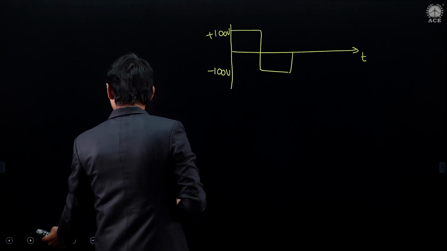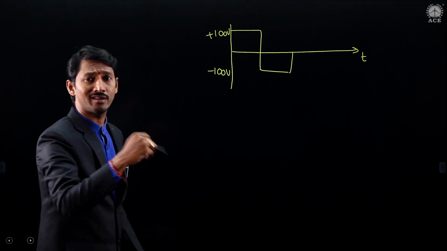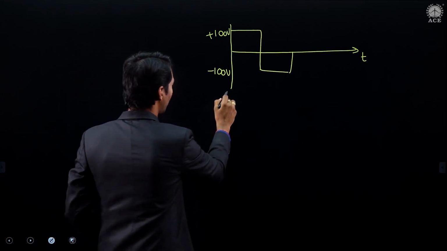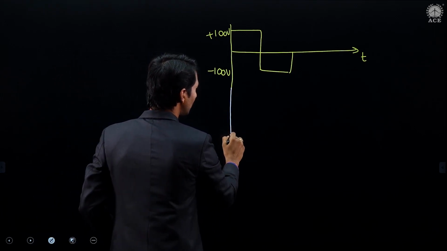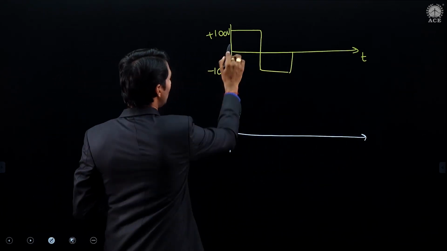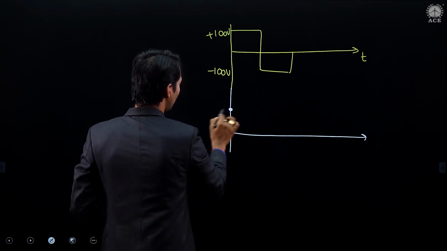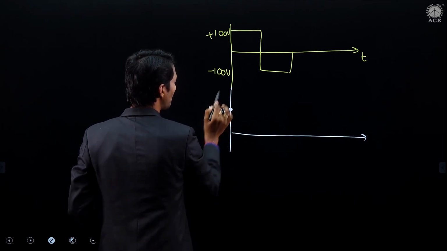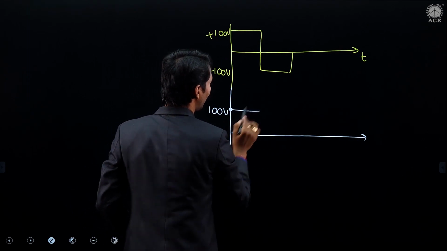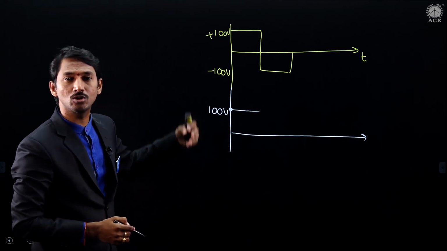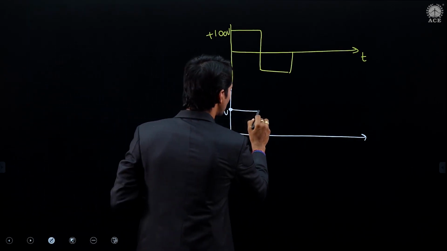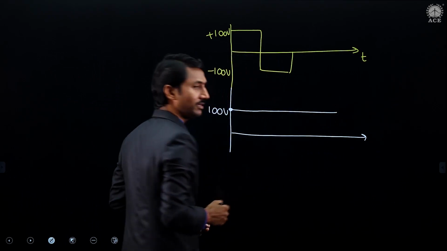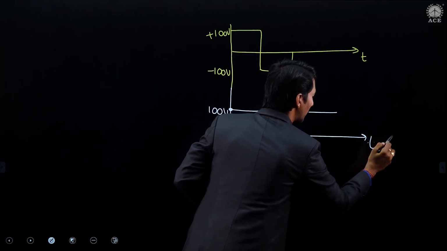So we need to draw the rectifier output here. What is the rectified output value? Here this is 100 volt, for example, right? Here it will be rectified and the negative part also comes to the positive side. So it will come like this. So this is the value.